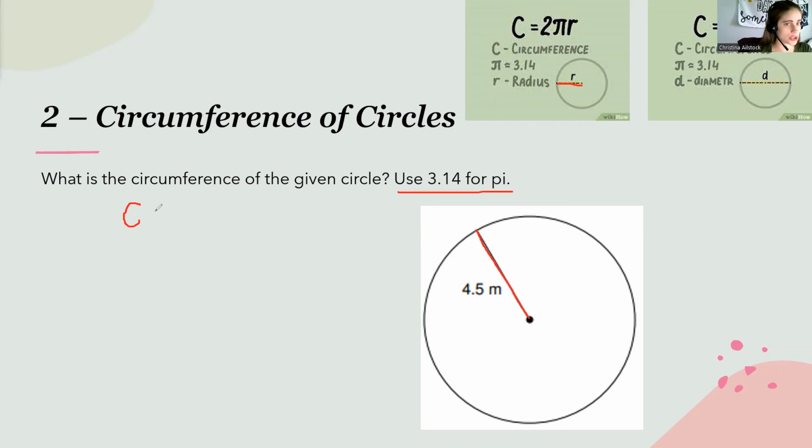So the formula that we'll use is C equals 2 pi r. Since we're given the radius, now we're going to substitute all of our information. Well, we don't know what the circumference is, so we'll keep that as C. Then we have the number 2 times pi, and we were told that we're going to use 3.14 for pi.